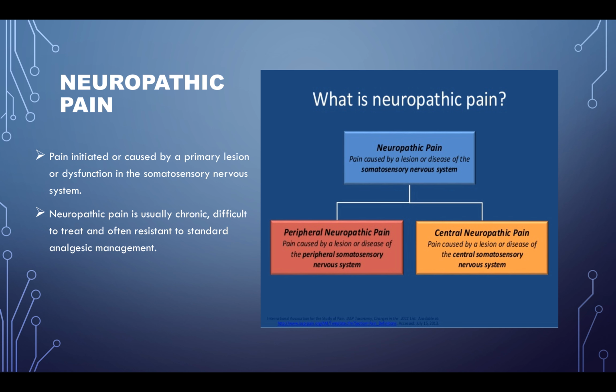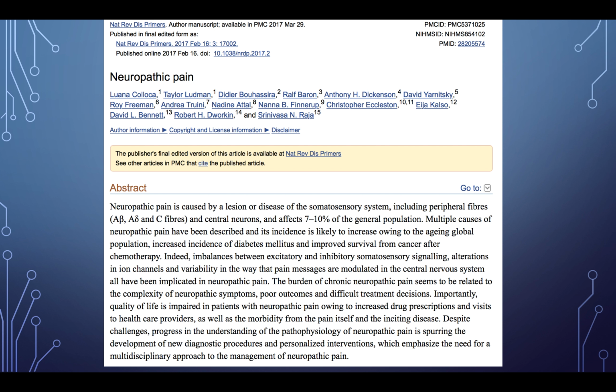Remember the differences between peripheral and central neuropathic pain. Peripheral is pain caused by lesion or disease of the peripheral somatosensory nervous system, and central is caused by the central. So peripheral meaning the nerves, central meaning spinal cord and brain.